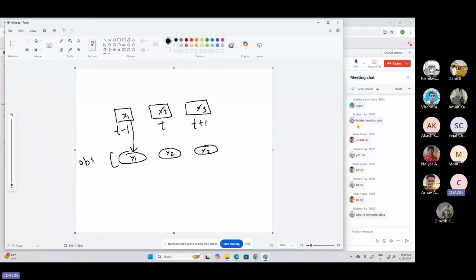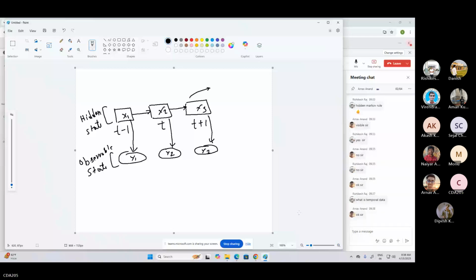Observable states we can observe, and this is the hidden state. We can go from this state to that state. What is the transition probability? Can anyone tell? P of t plus 1 is based on the current state.